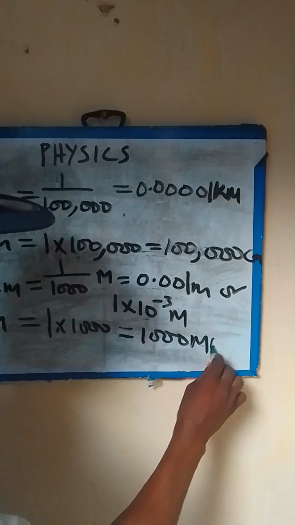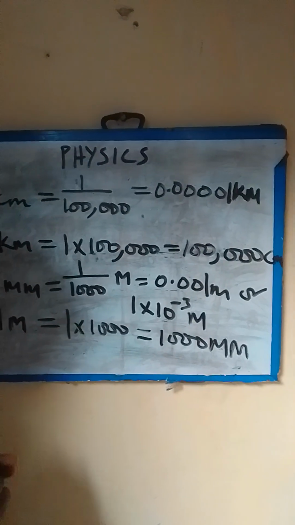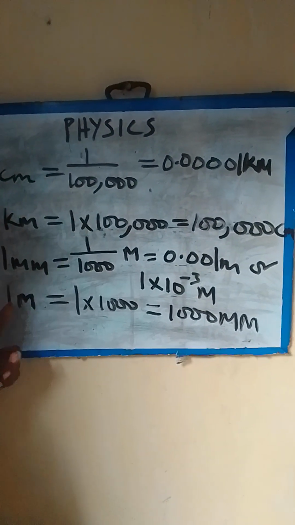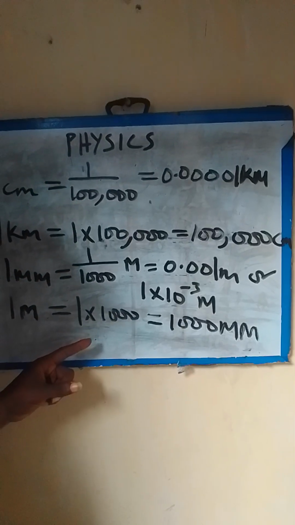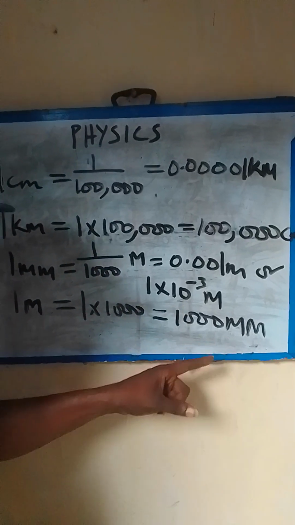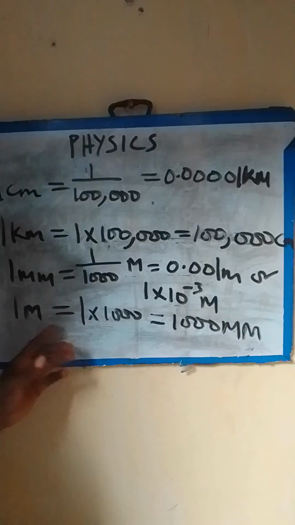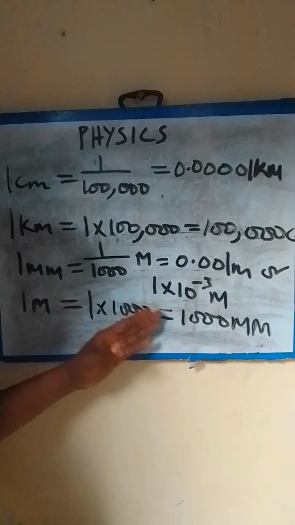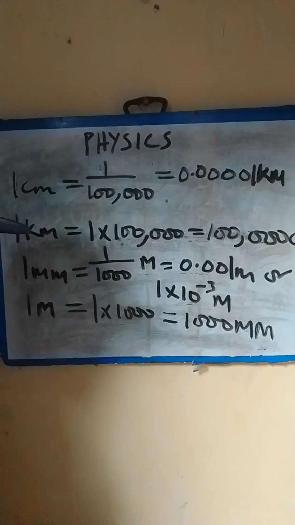So to convert meters to millimeters, you multiply the value of meters by 1000. In this case, 1 meter is equal to 1 times 1000, which gives you 1000 millimeters.